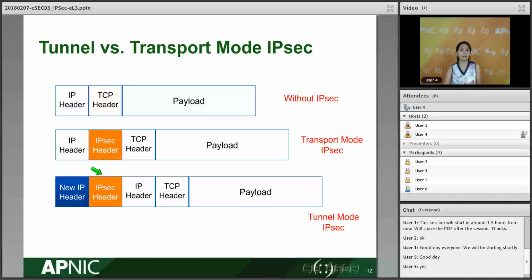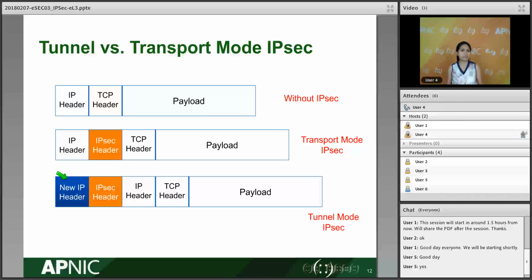The orange box is an IPsec header, followed shortly by a new IP header. Why is there a need for a new IP header? It's because you have now encapsulated the original IP header, and for this to be read on layer 3, you need a new IP header.